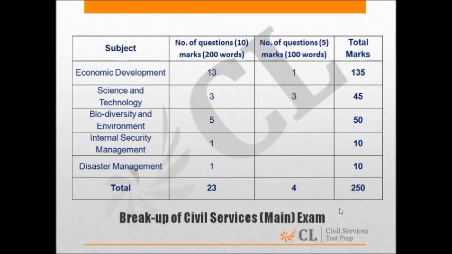If we see the topic-wise breakup of this question paper, we'll find that the maximum number of questions are from economic development. Hence it can be said that this is the most important section of this question paper.